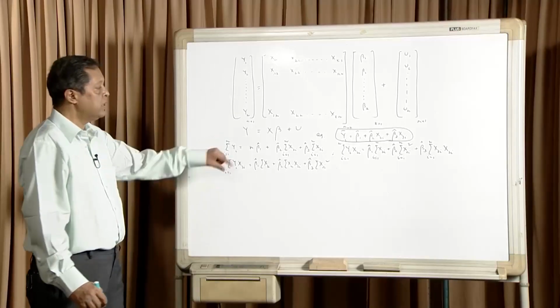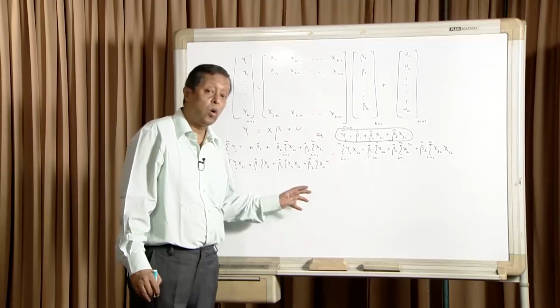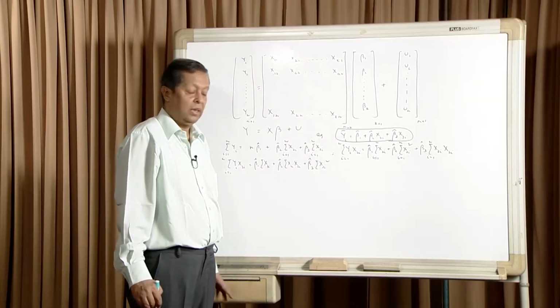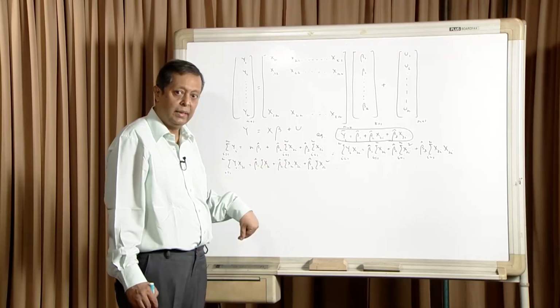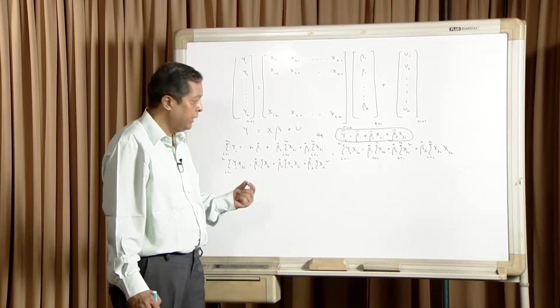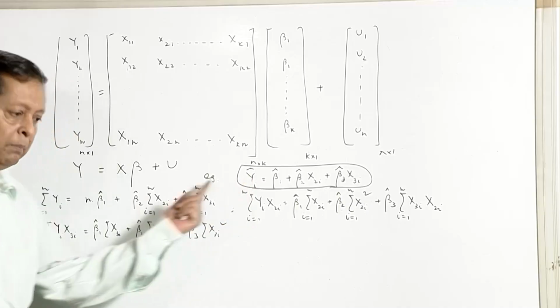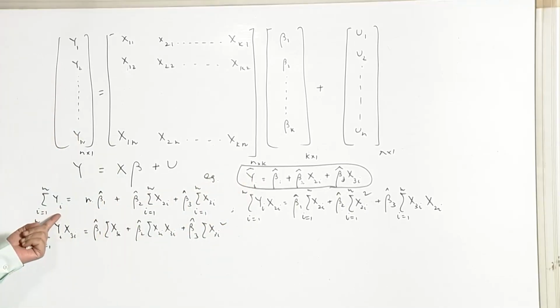Now, these equations are called normal equations. What is the idea? Why are we doing this? Viewers, you might have noted that here we had put y hat, but when we go to these conditions I am not putting y hat.